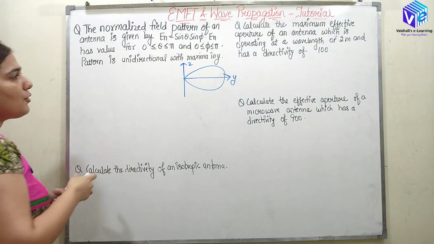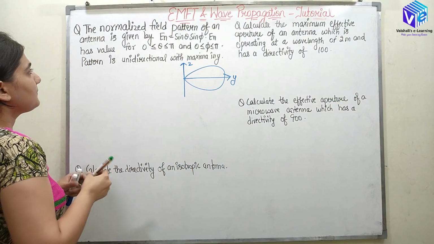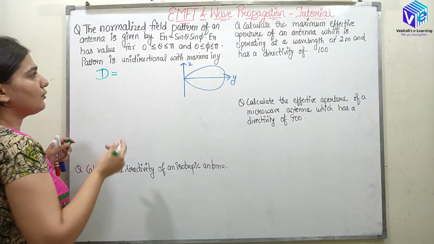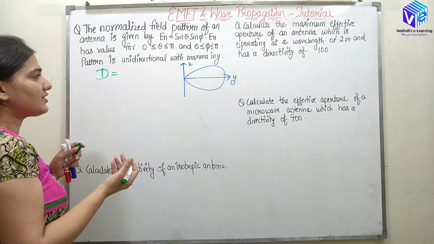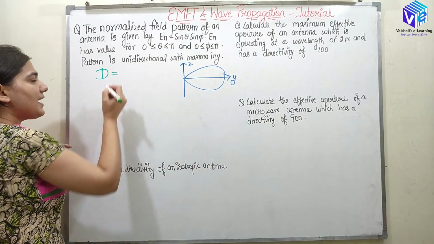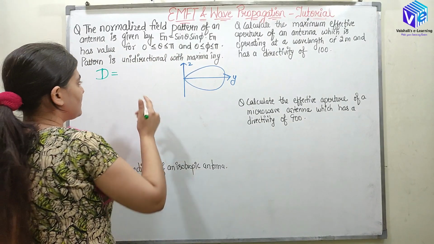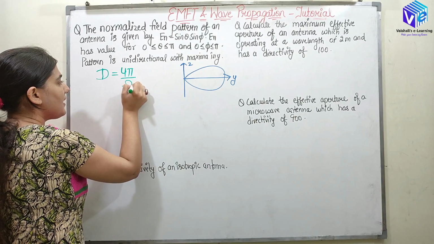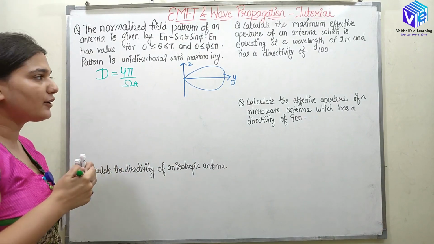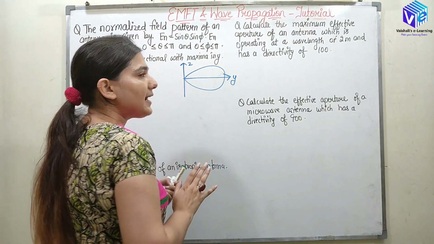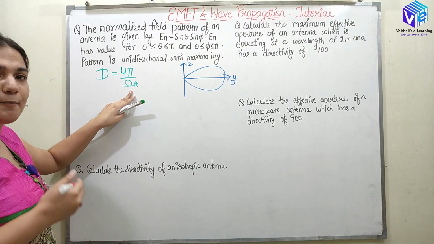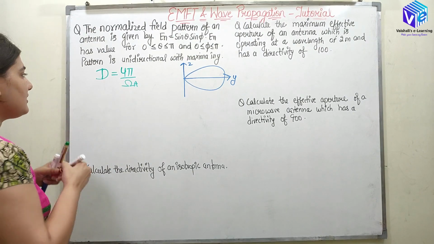Now we need to find out the directivity. I skipped this in the question, so let's find out the directivity. Directivity is given by 4 pi upon the beam area. So this is how my pattern is, and I need to find out 4 pi upon beam area for this question.